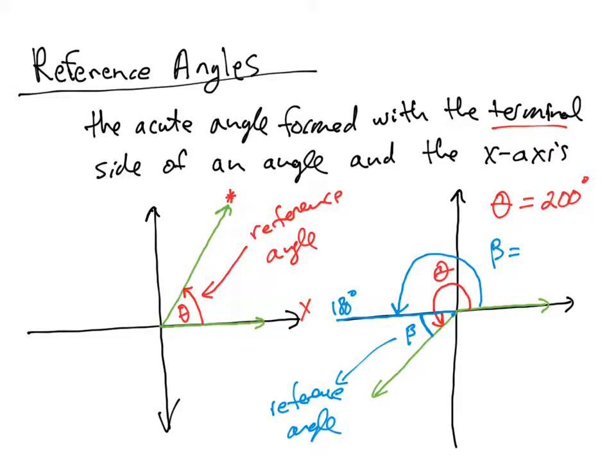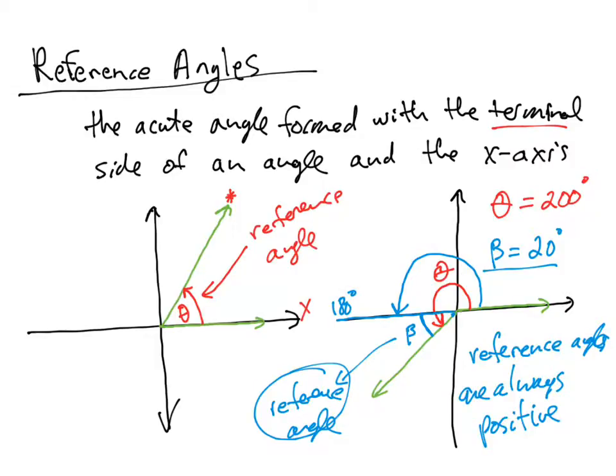So beta is just the distance between 180 degrees and the finishing up of the angle theta. So that is a reference angle of 20 degrees. So 20 degrees would be the reference angle there. Now, one thing we need to remember is that reference angles are always positive.